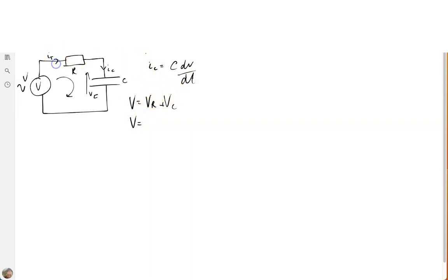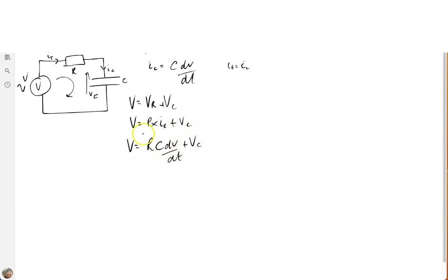What we can then think about is, we said earlier that IT must equal IC, and IT is the current flowing through the resistor. Expressing V in terms of current, we've got R times IT, plus VC. Since IC equals IT, if we rewrite that again, we get RC dV/dt plus VC.